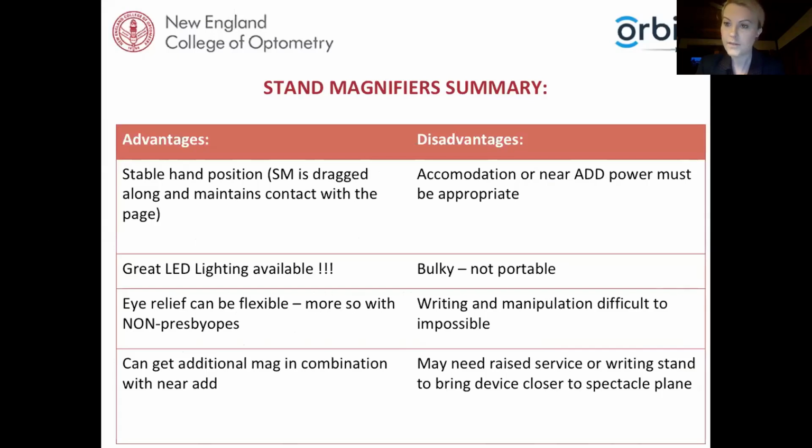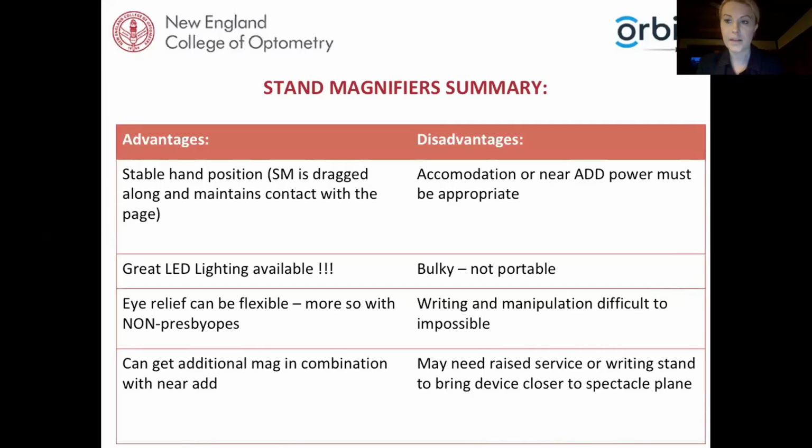So for stand magnifiers, you can see it's a little bit more complicated than prescribing the other devices. You know, we had our equivalent power estimate from our reading assessment. We could just grab that 8 diopter hand magnifier and it was really very quick. With the stand magnifier, there's a few more steps to consider because we have to consider how much do I want to do in the spectacle plane in the near addition, and how much do I want to do for the stand magnifier?